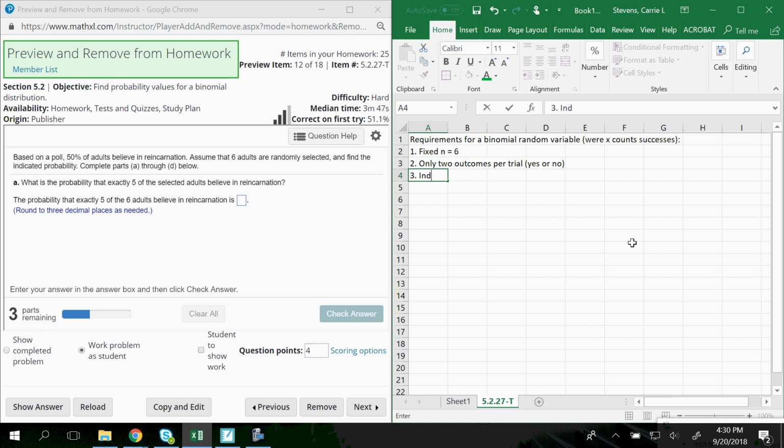3 is independent events. So if the first person says they believe in reincarnation, it doesn't mean that the next person is going to be more likely to say they do, and it also doesn't mean they're going to be less likely to say that they do. So these are independent events. Successive probabilities unaffected.